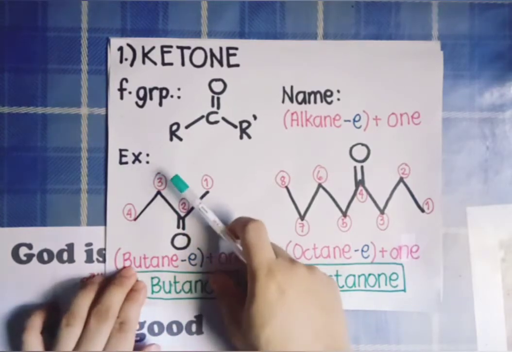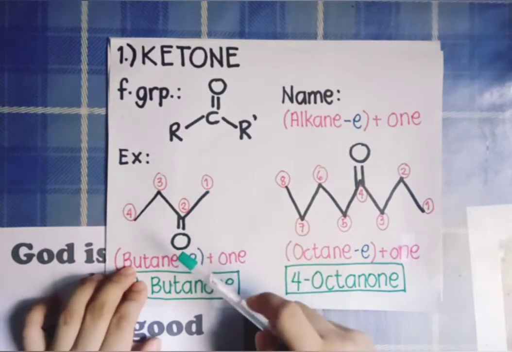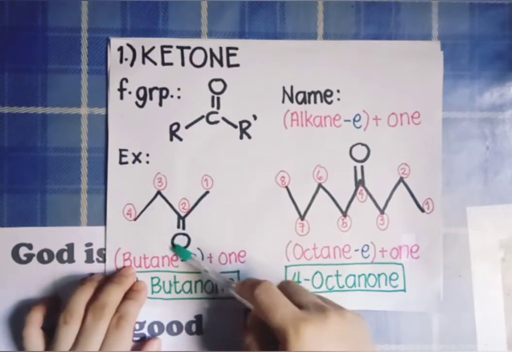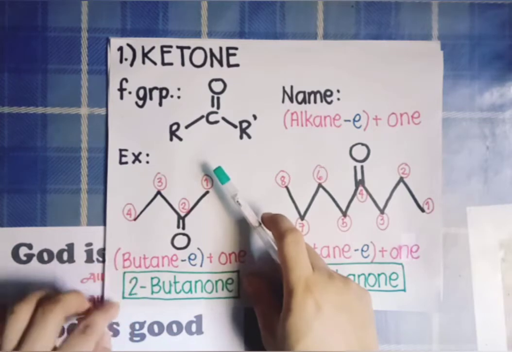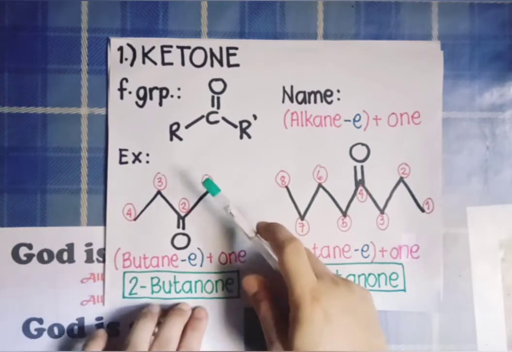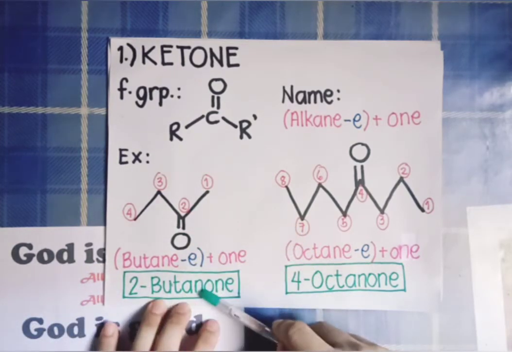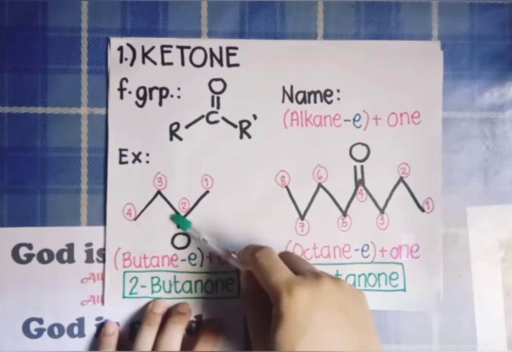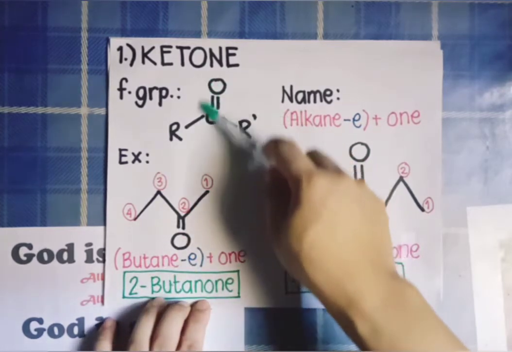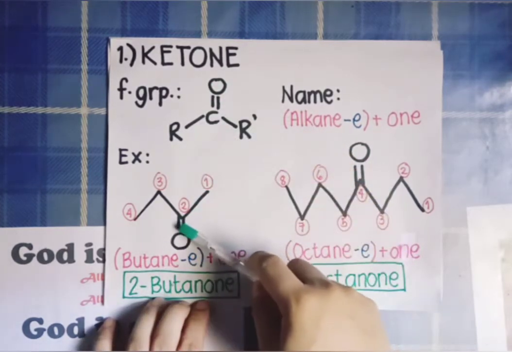We're just going to add the carbon number where your C double bond O is actually attached, and that is the carbon number 2. That's why the name of this compound is 2-butanone, 2 because our C double bond O or our ketone group is found at carbon number 2.